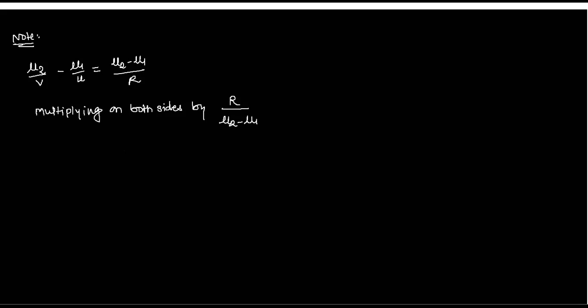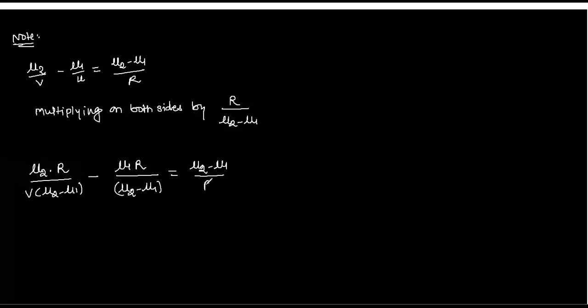So multiply, see here what you will get: mu2 into r divided by phi into mu2 minus mu1, minus mu1 into r divided by mu2 minus mu1, is equal to mu2 minus mu1 divided by r into r divided by mu2 minus mu1.